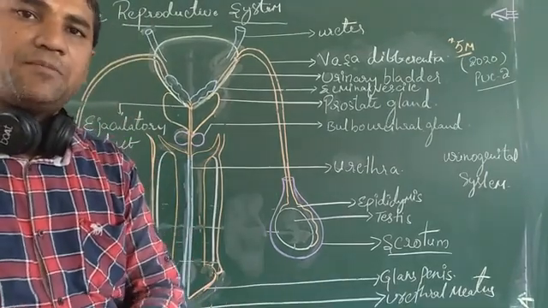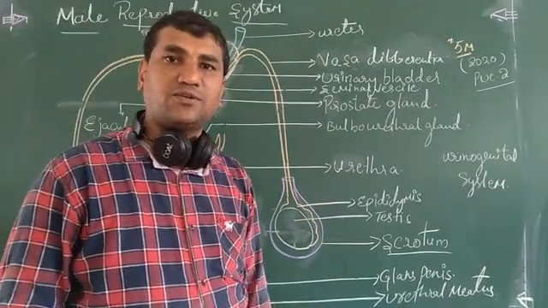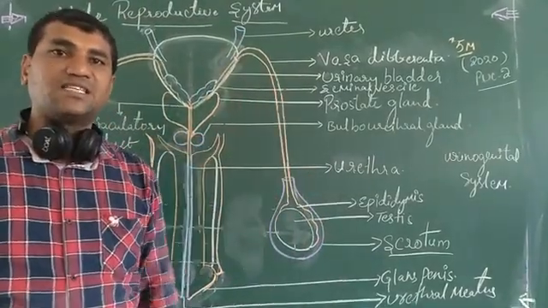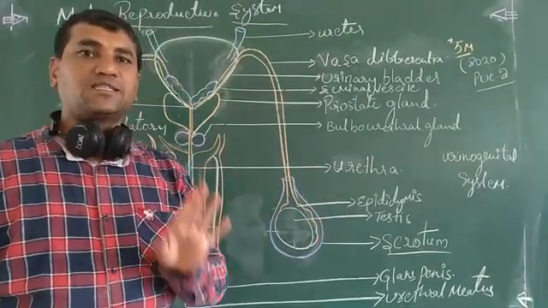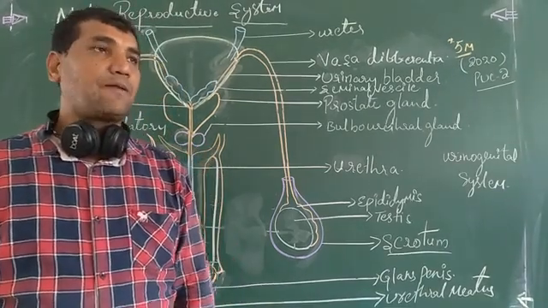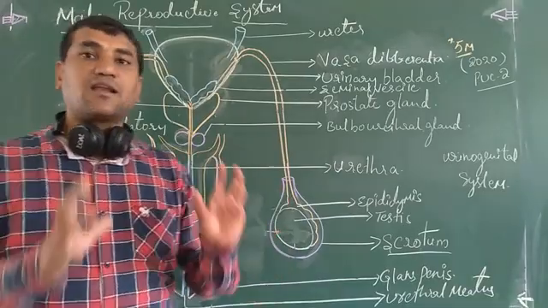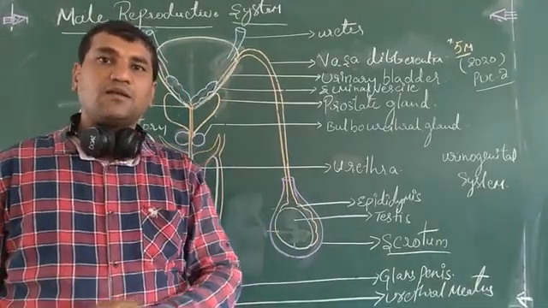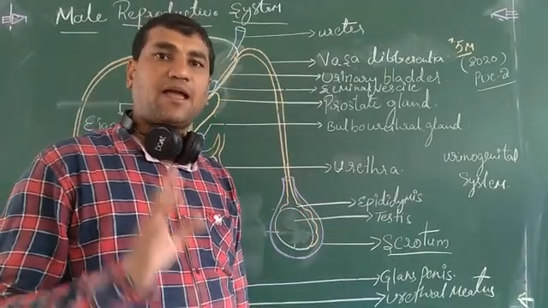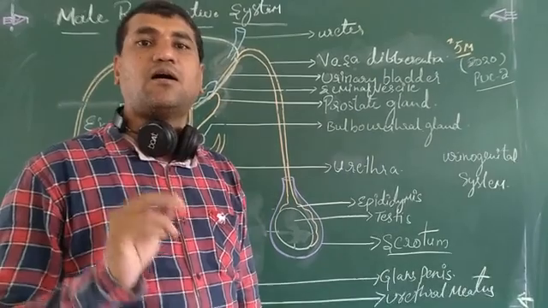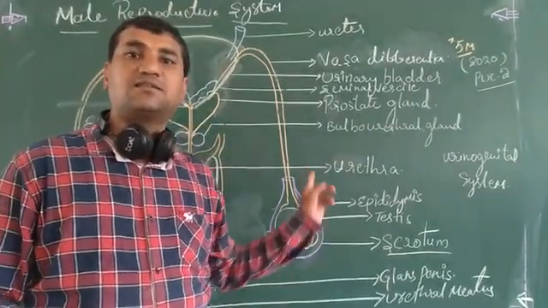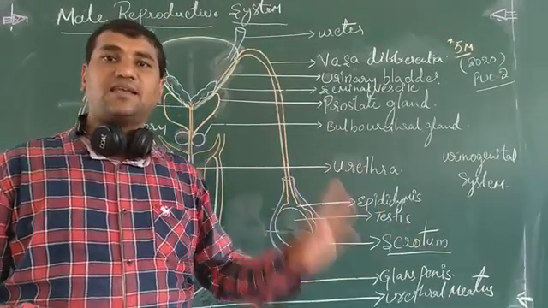Now, coming to the parts of the male reproductive system, it is broadly classified into three specific important regions or parts. First one is the reproductive part, the second one is accessory parts, accessory ducts, and the third region is glands, accessory glands.